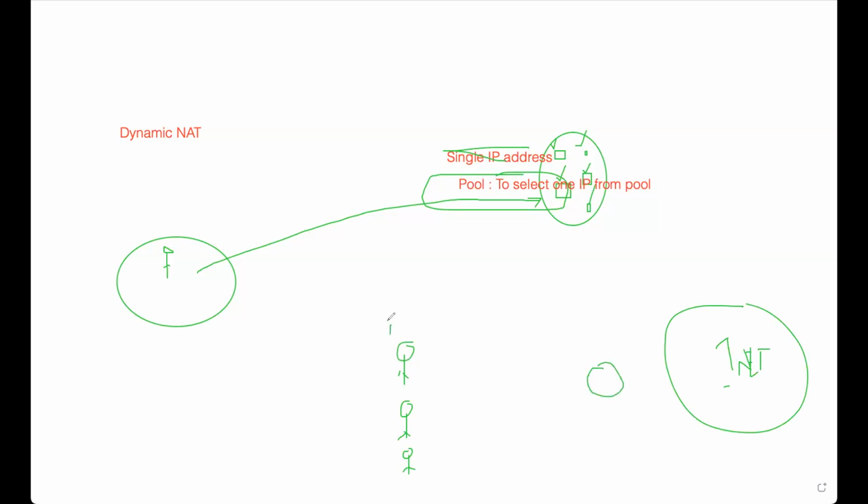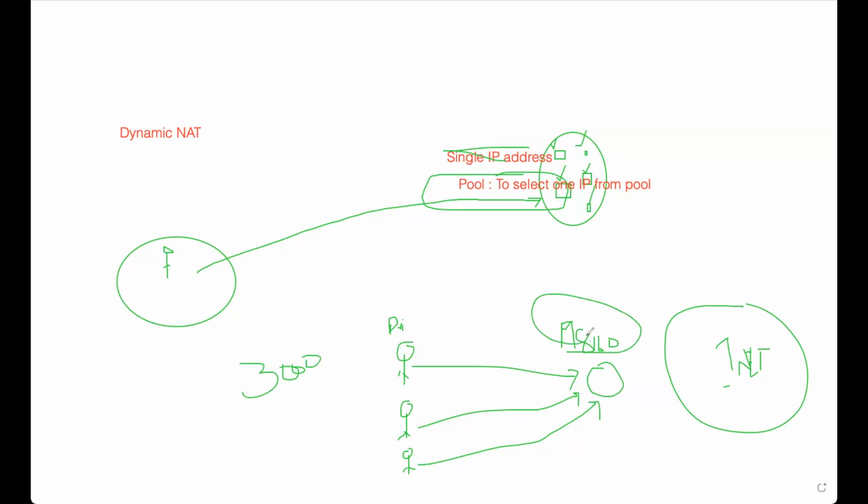They have their private IPs. So they all can be translated to one IP, the public IP, 198.168. But what if there are 3,000 users? This IP cannot handle more than how many users, guys?